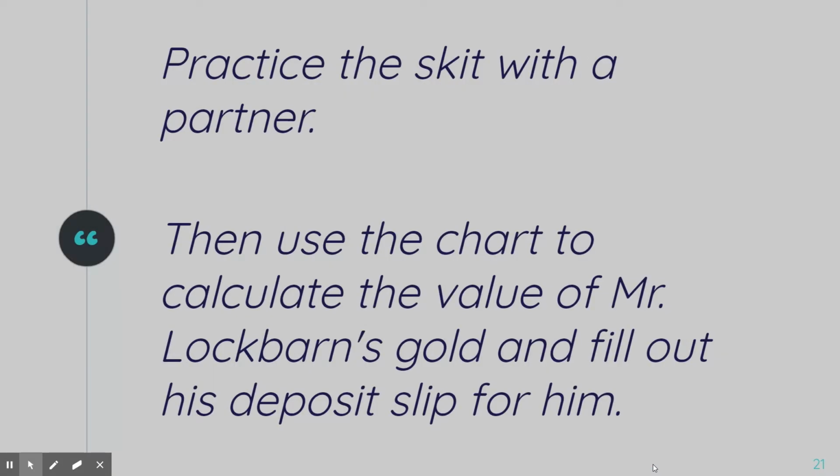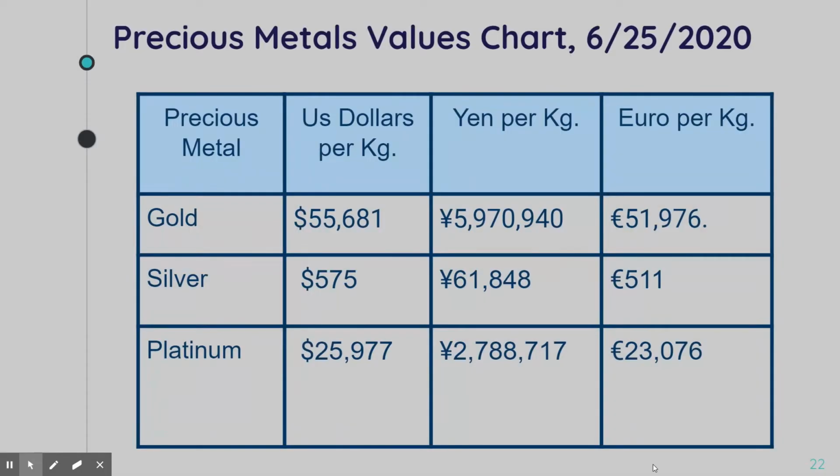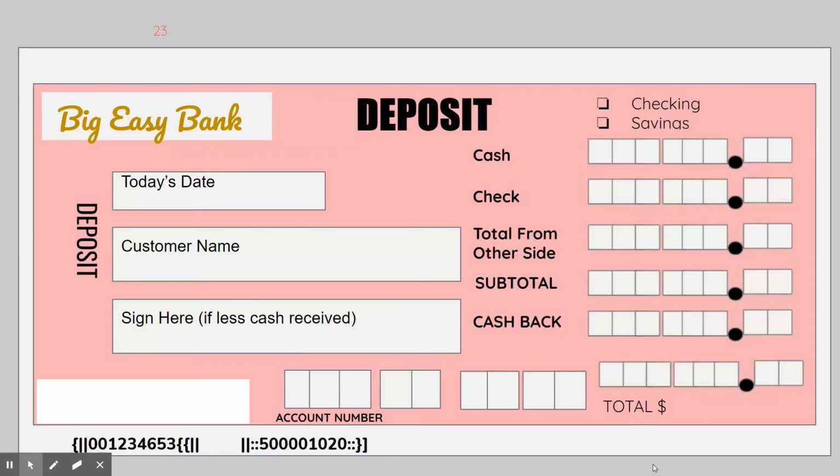Okay, let's do a little bit of thinking. And we know that Mr. Lockbarn had 5 gold bars, 1 kilogram each. So do a little math, and how much money, how many dollars is 5 kilograms of gold worth?